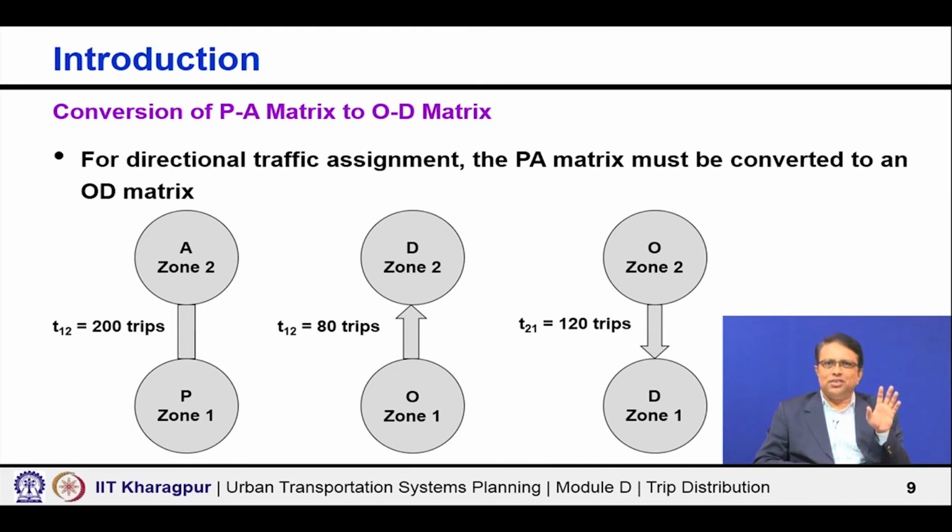So, the first one is not directional, and the other two, when we come to the OD matrix, the numbers indicate directional trips clearly from that origin to that destination in that direction.